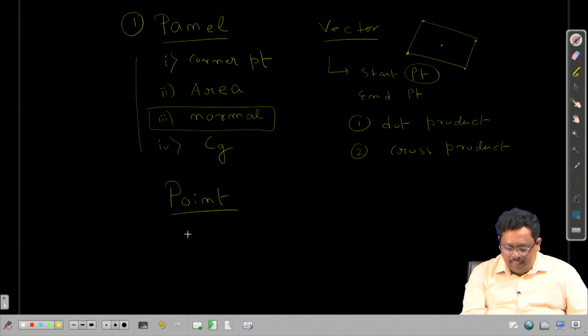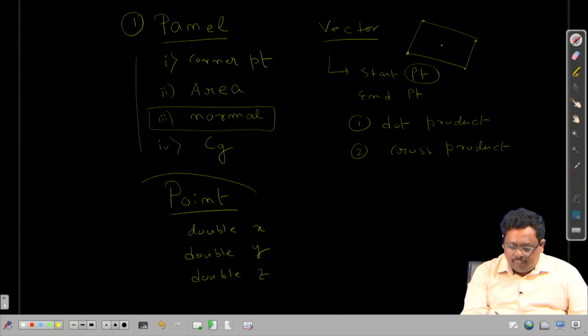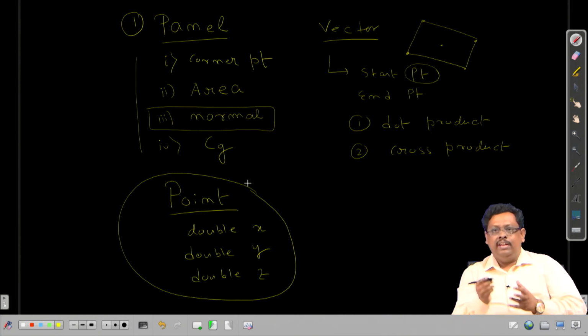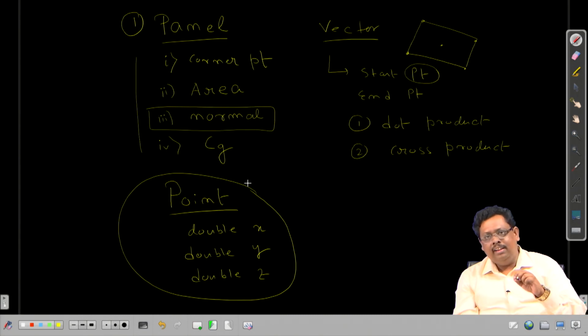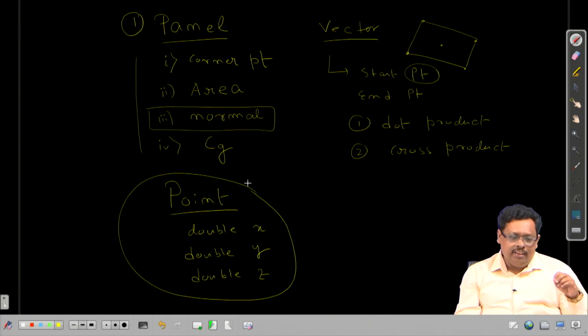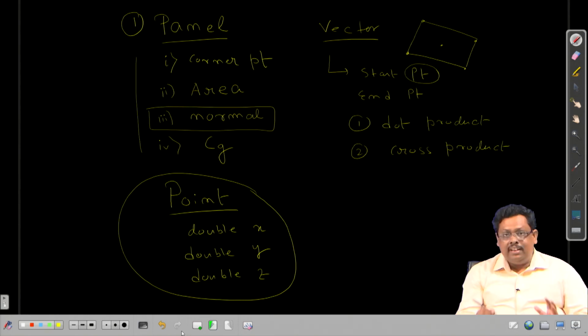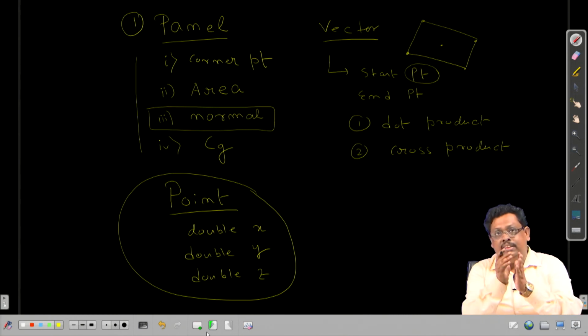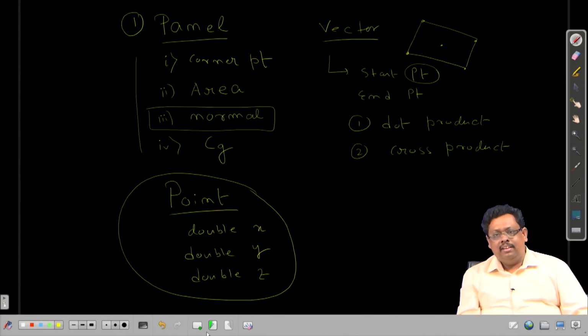In this point you can have double x, double y and double z. Now, this point is called the most primitive class, which only has the basic things, the double and integer. So, any class that you are dealing with in terms of double and integer is called a primitive class. Okay. Now, you see how we can break this interface matrix using these primitive classes.